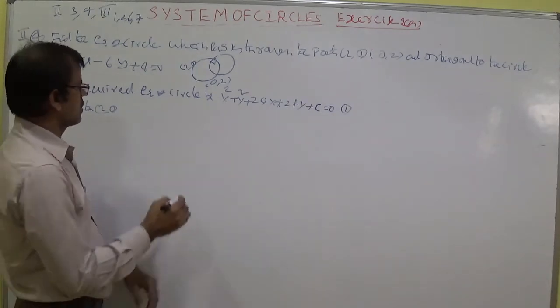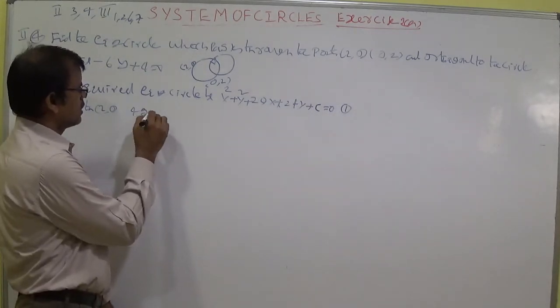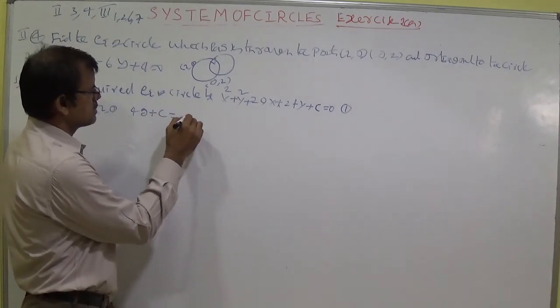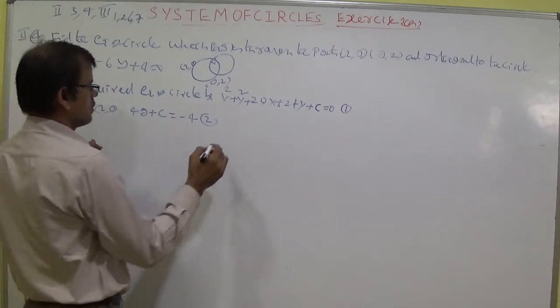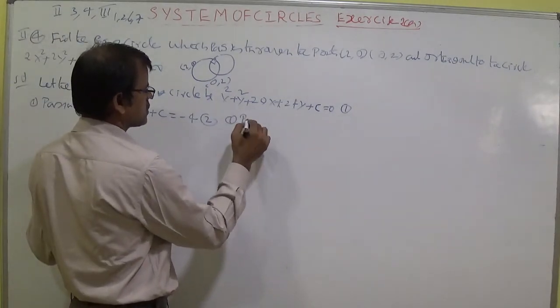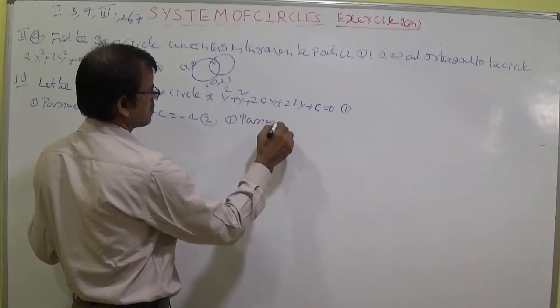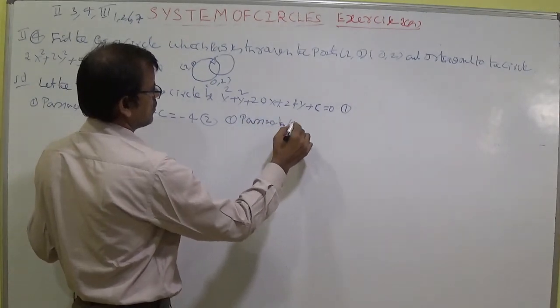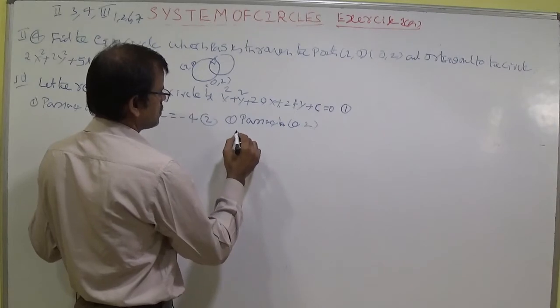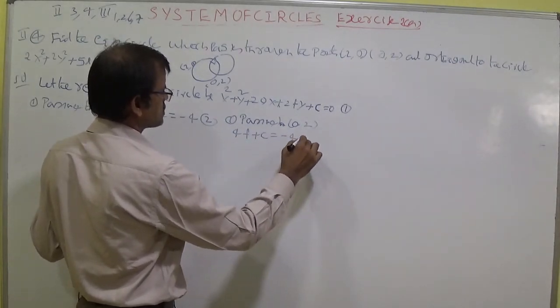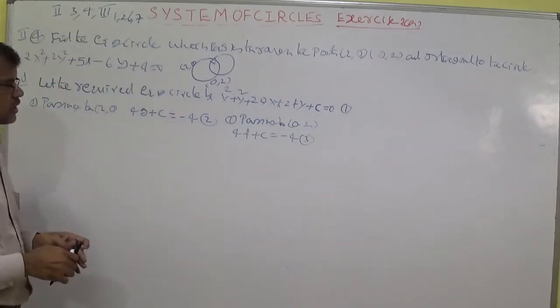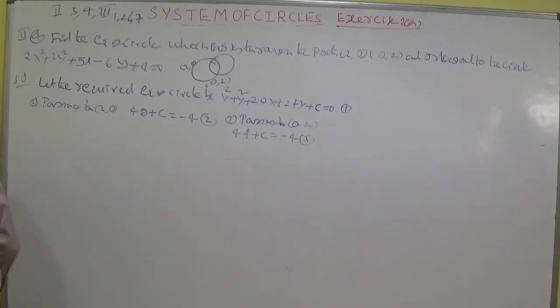So substitute here. You will be getting 4g plus c is equal to minus 4. Second equation. Again, 1 passing through 0 comma 2. We get here 4f plus c is equal to minus 4. Third equation. Now let us discuss the condition of orthogonality with the third circle.